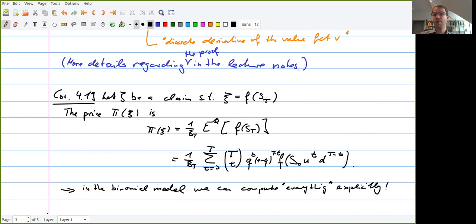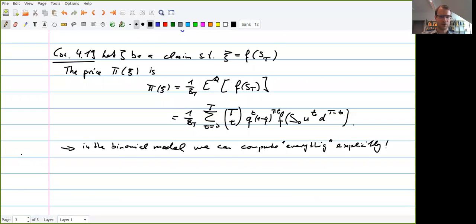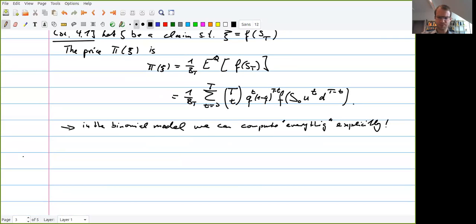So this is super helpful, this is super useful, and I believe you are able to do the calculations here on your own. Yeah. And this means also all the exotic options, I mean, you can derive rather explicit formulas for the prices.